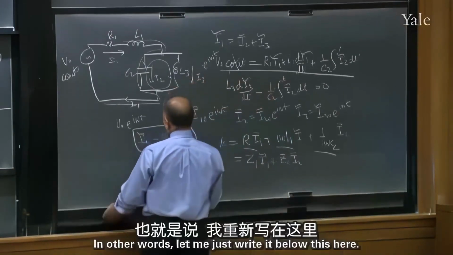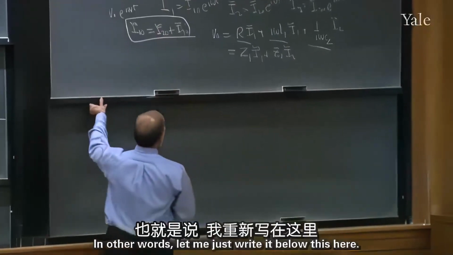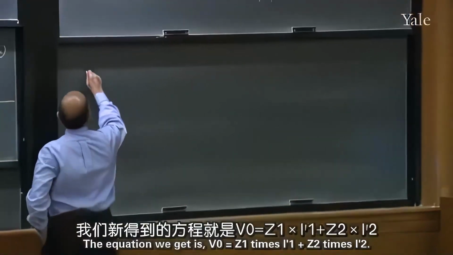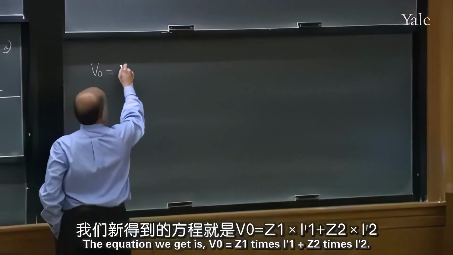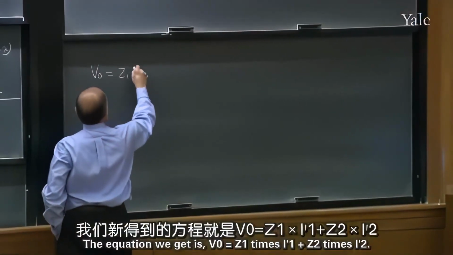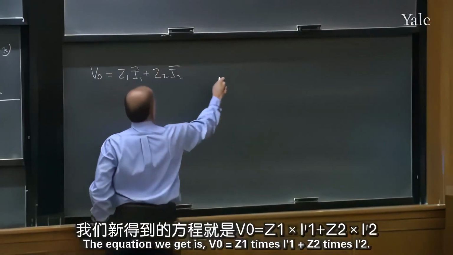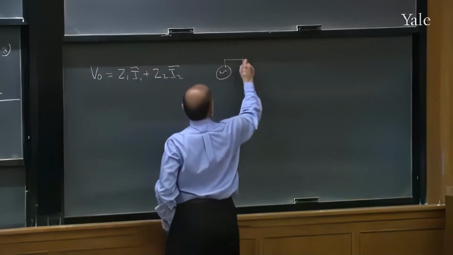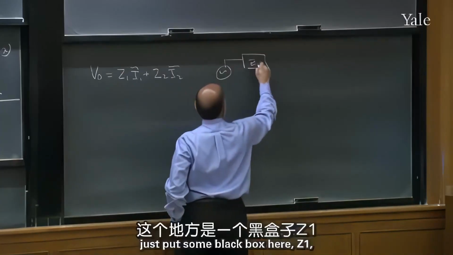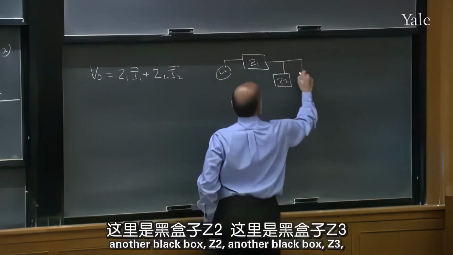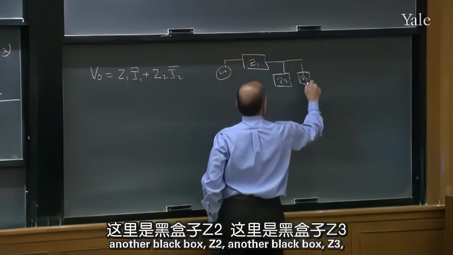In other words, let me just write it below here. The equation we get is V naught is equal to Z1 times I1 twiddle plus Z2 times I2 twiddle. So the problem will look like this. Just put some black box here, Z1, another black box, Z2, another black box, Z3.